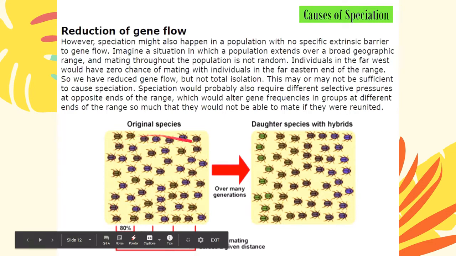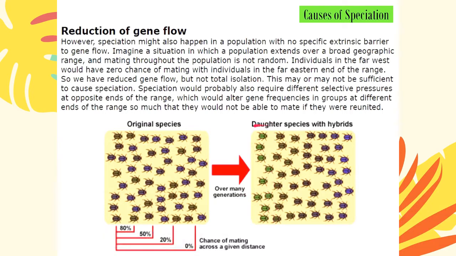So even if you belong to the same species, we're all humans, and this is the habitat that we occupy. We are quite far from each other, so we have smaller chances of mating with someone from Alaska, and we have higher chances of mating with someone who's from Alabang, for example. Now, if we keep on mating with someone from Alabang, or we keep on mating with someone in the Philippines and all that, eventually, our group will form a specific and very distinct genetic composition and physical trait.